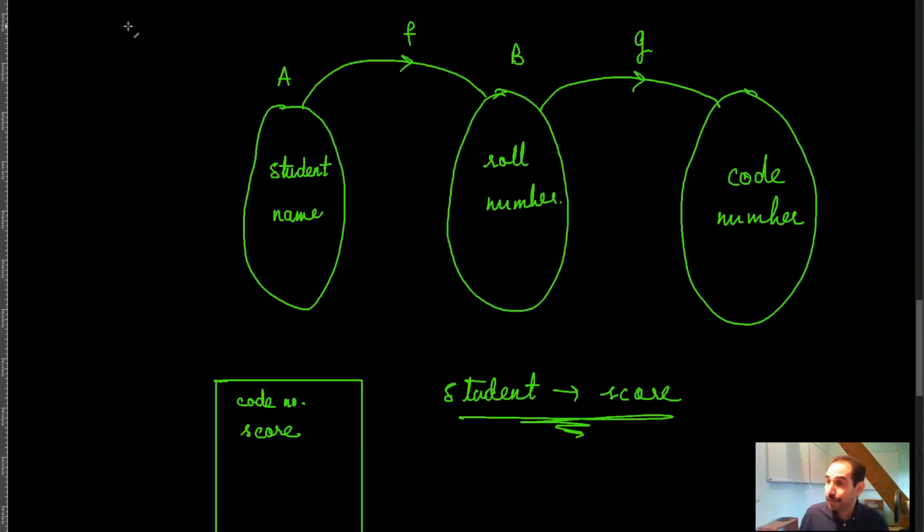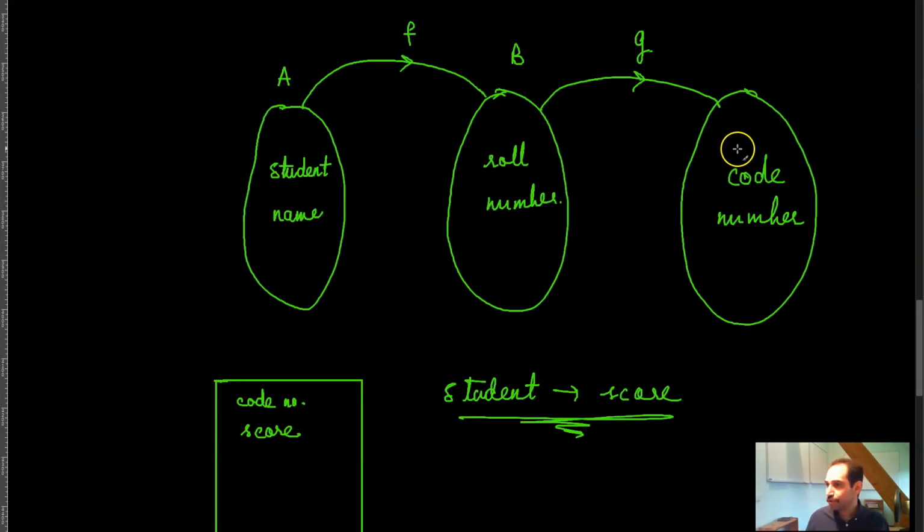And so now let's go through the text here and see how they do it really. So the text says that now we would like to have a close look at the functions f and g described in the beginning of this section in reference to the board examination. Each student appearing in class 10 examination of the board is assigned a roll number under the function f, and each roll number is assigned to a code number under the function g.